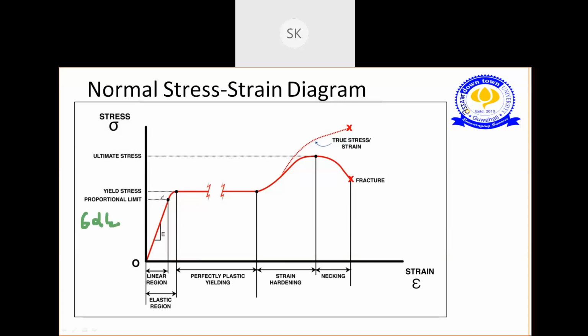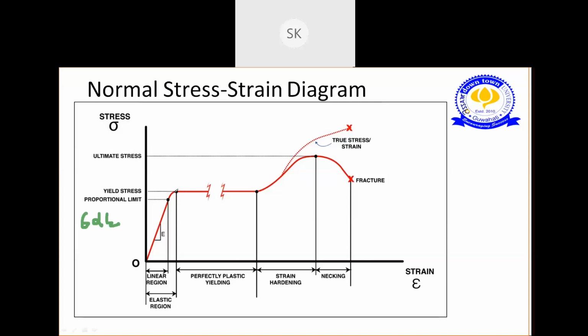So this is nothing but your linear region, and this is called the proportional limit. Stress is directly proportional to strain, and the slope of this part is E, which is Young's modulus. We'll discuss this more in the next classes. Fine. Now see, the shape of the curve starts deforming in this part.